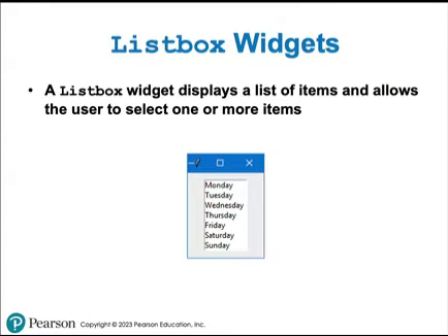Another is list box. This displays a list of items and allows the user to select one or more items from the list. So here maybe you're working for somebody and you're filling out an employment application, and it says, what days are you available to work? Please select the day or days that you are willing to work.